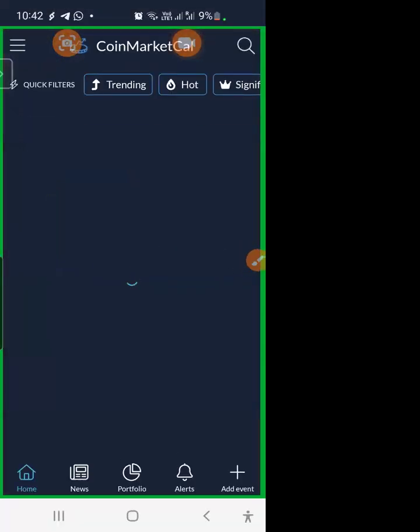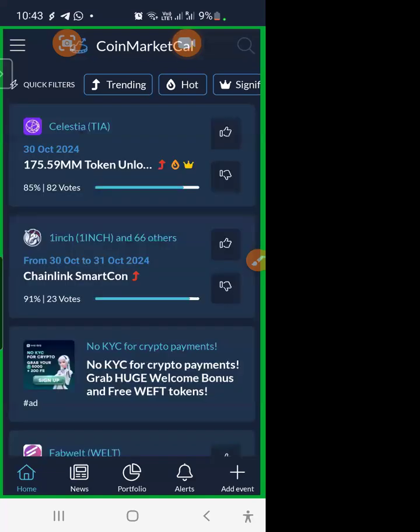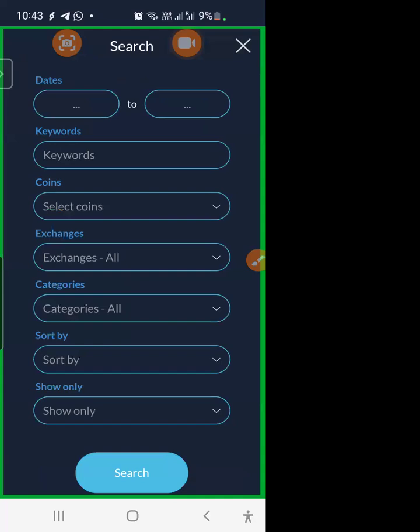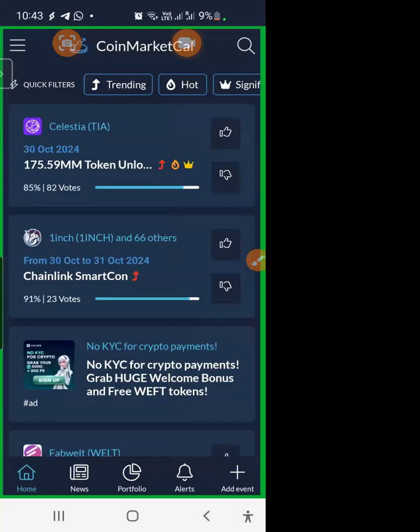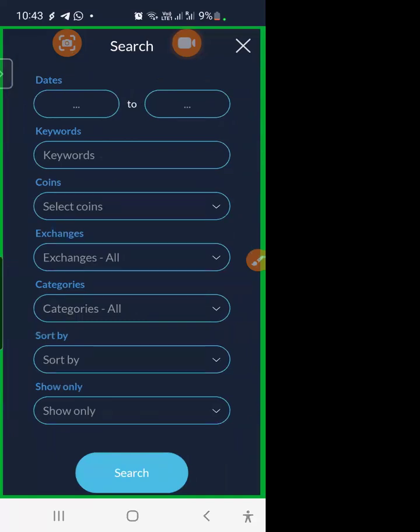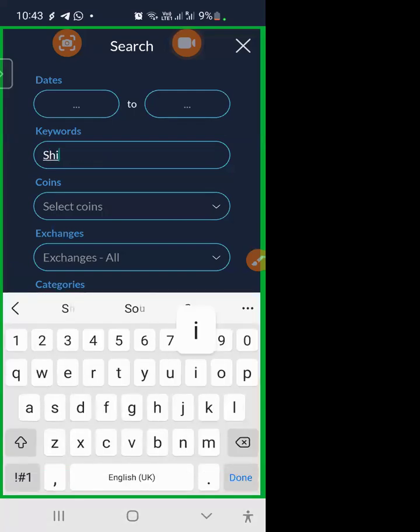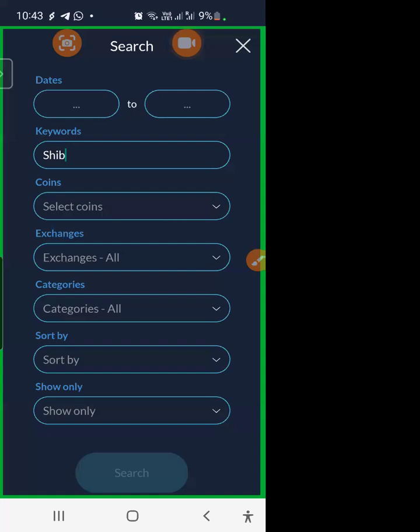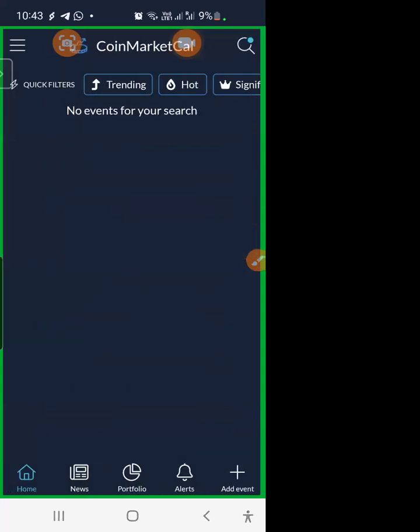Let's go to SHIB and see what they are talking about. My network is down. We can search here, keyword SHIB, just SHIB. Search.